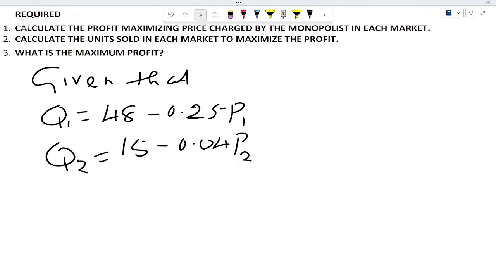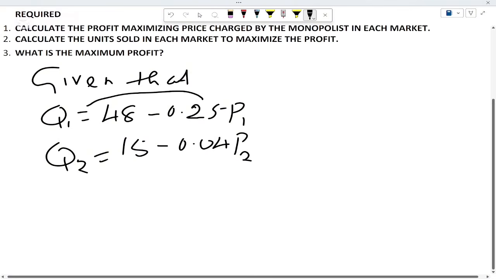So you invert the demand function to be in terms of price. You simply move this here and then move this here. This will make it easy for you.